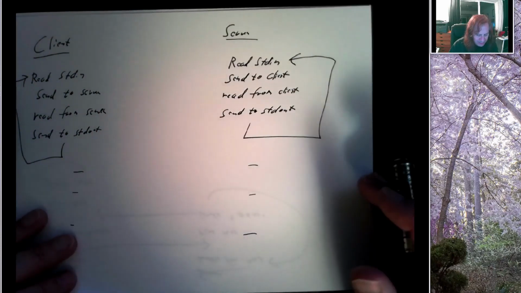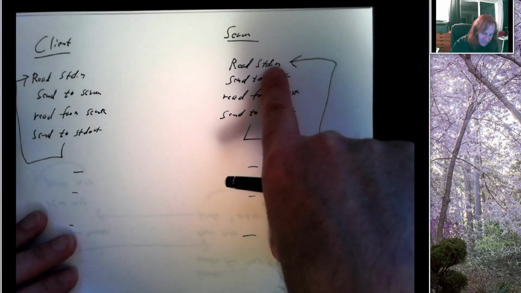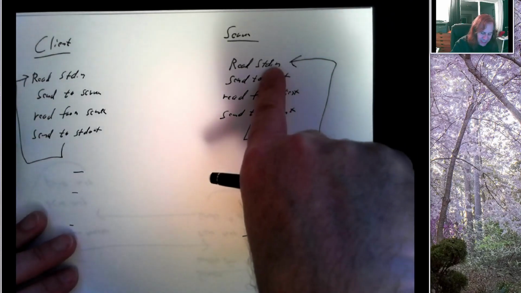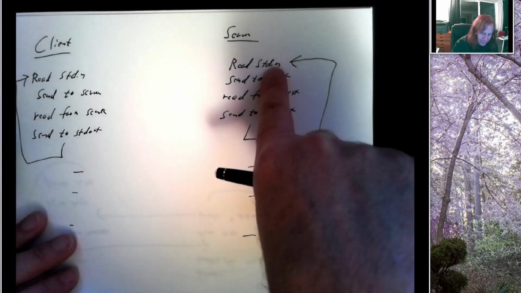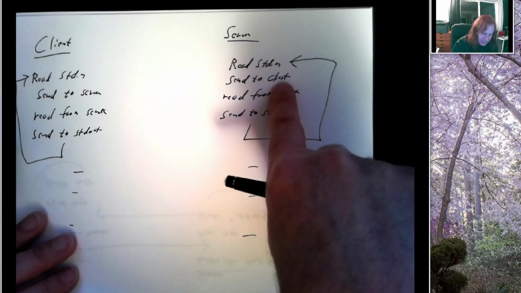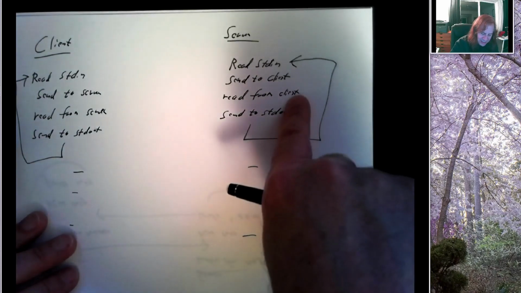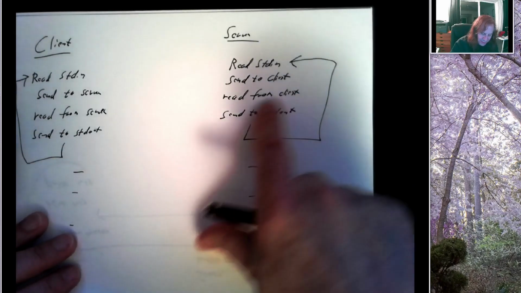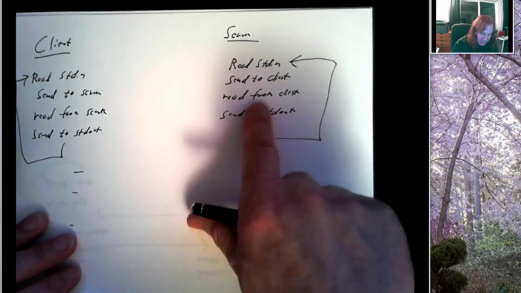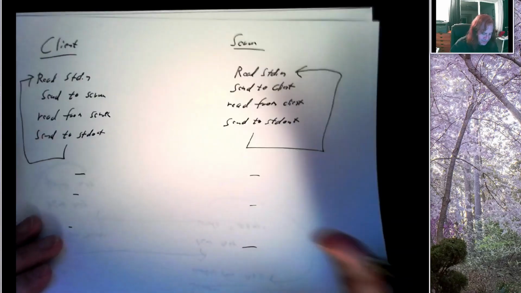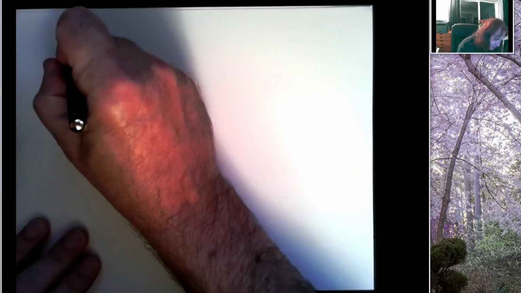Right? And the problem is that when this tries to read from standard in, it can't go beyond that spot until the user types something. And then once the user types something, it will send to the client, and it'll try to read a message from the client. Well, if the client doesn't send anything, the server can't send anything more because it's sitting here trying to read from the client. So there's a better way to do this.